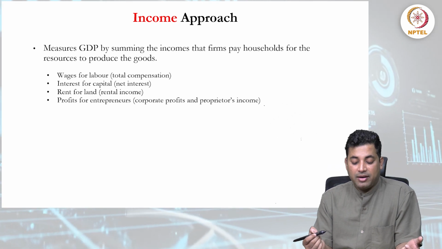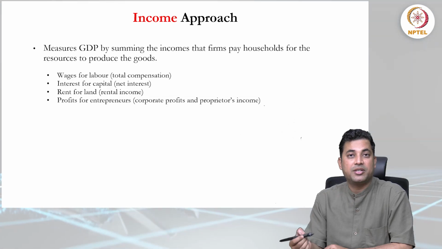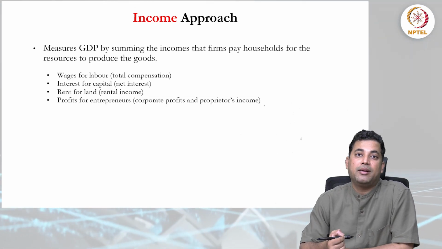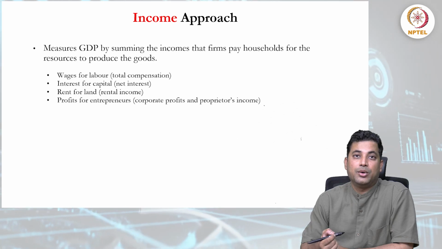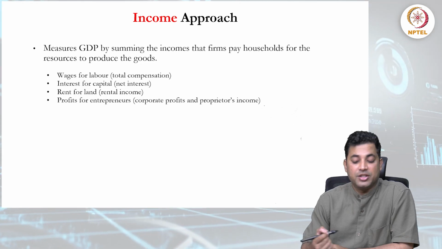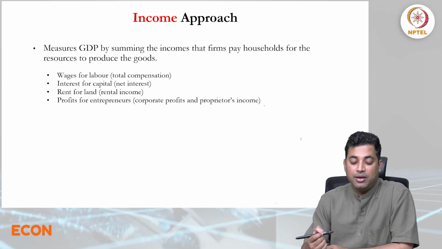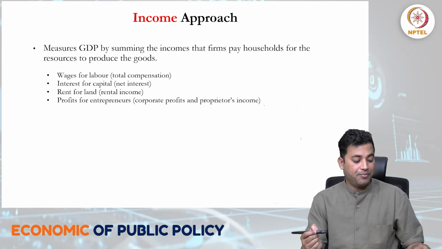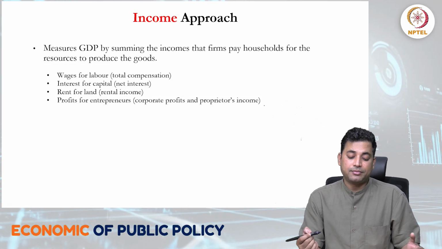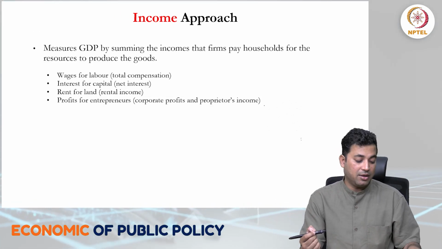So in the case of income calculations, corporate profits and proprietors' income will be taken into account while calculating total national output, which is GDP. So this is the income approach which we follow when we calculate GDP, if the economy is considering the income approach for GDP calculations.